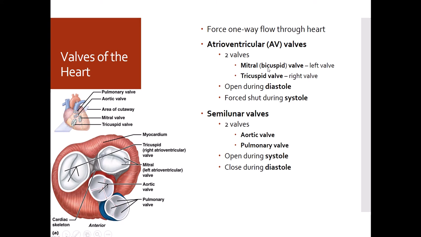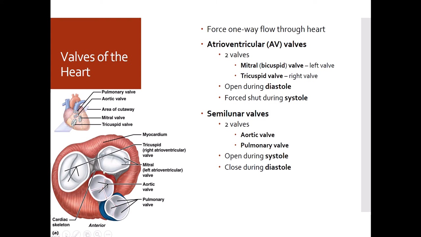The 2 AV valves are the mitral or bicuspid valve on the left side, and the tricuspid valve on the right side. The AV valves will be open during diastole, or relaxation of the heart, and then when the heart begins to contract, that forces shut the AV valves so that blood doesn't flow from the ventricles back into the atria.